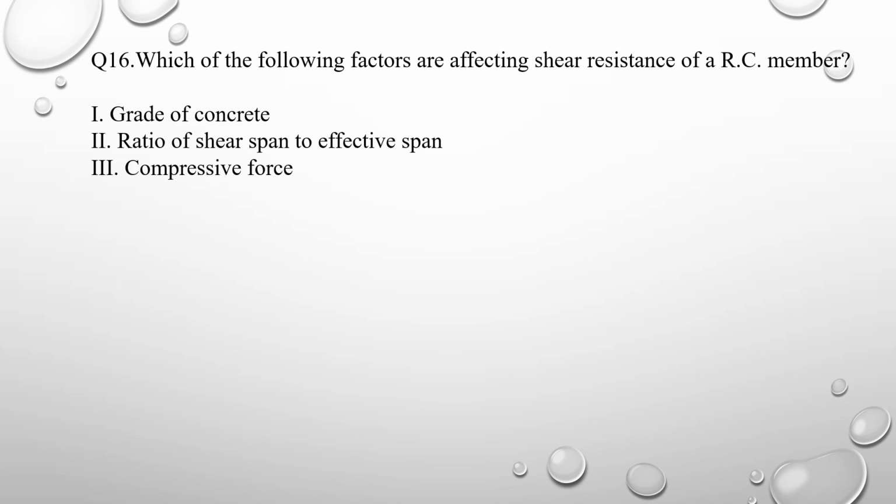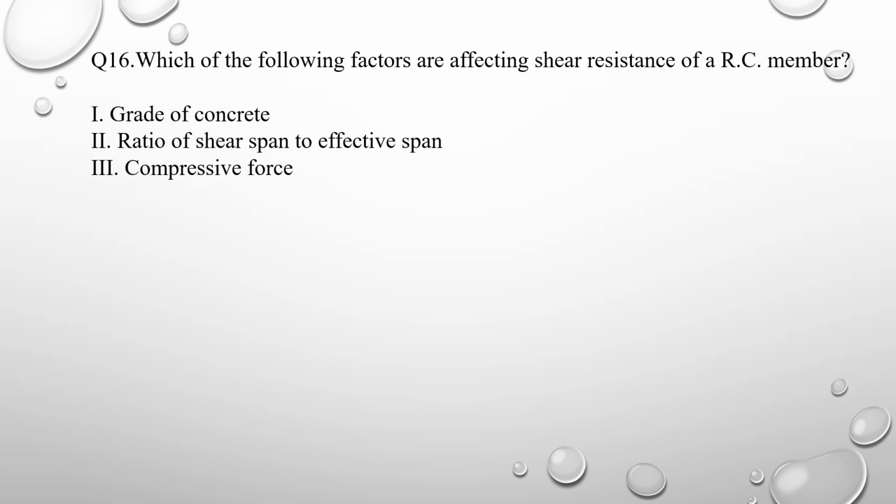Then question number 16. Which of the following factors affect the shear strength or shear resistance of an RC member? Here they ask for factors which affect the shear resistance of a reinforced concrete member. The options are grade of concrete, ratio of shear span to effective depth, and compressive force. Grade of concrete is a very important factor which affects the shear resistance.